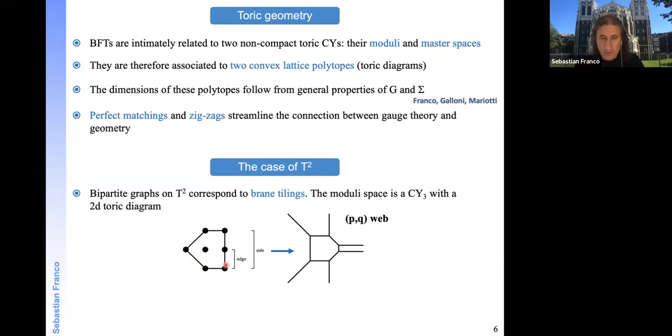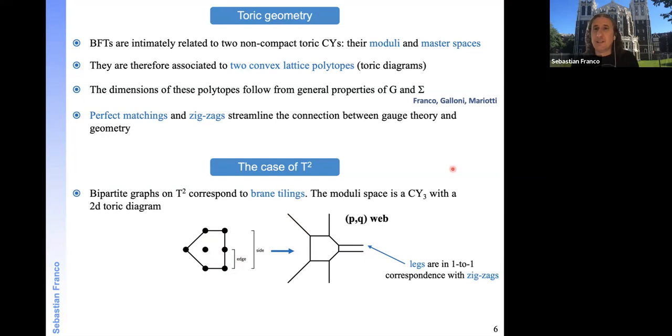These objects are dual, just by graph dualization, to PQ webs, and we're going to come back to them, in which you triangulate this object, and for every segment you introduce a perpendicular line here. So the fact that this side consists of two edges manifests itself with these two parallel legs here in the PQ web.